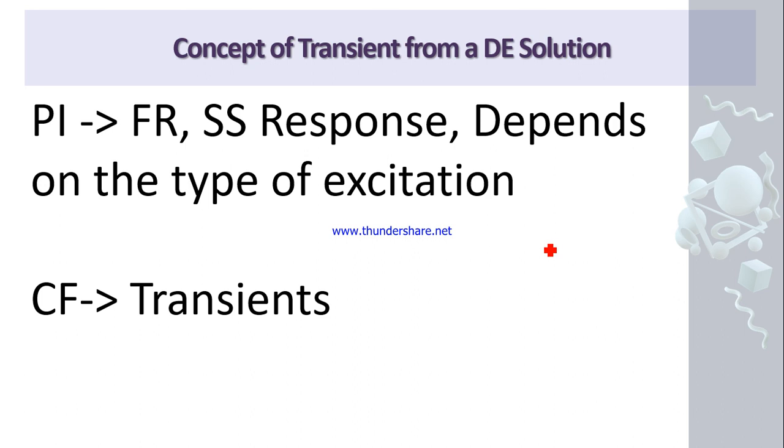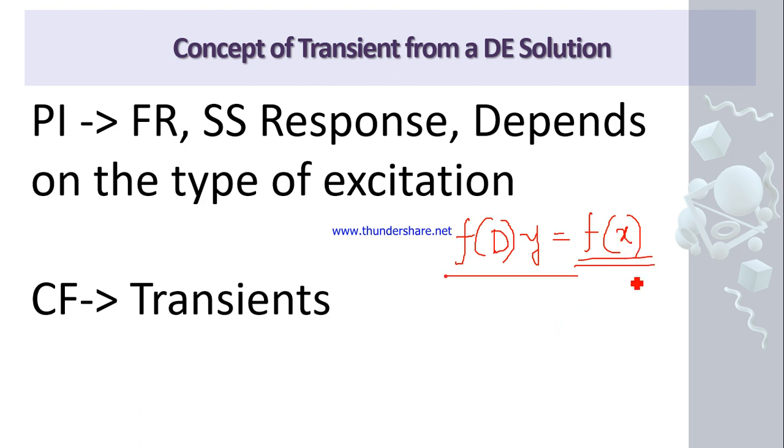In the differential equation, there will be a differential operator, and this is your dependent variable, and there is an excitation of some function, some function as excitation, which is a function of x. So normally if you solve this, you will get a solution y in terms of x, correct?